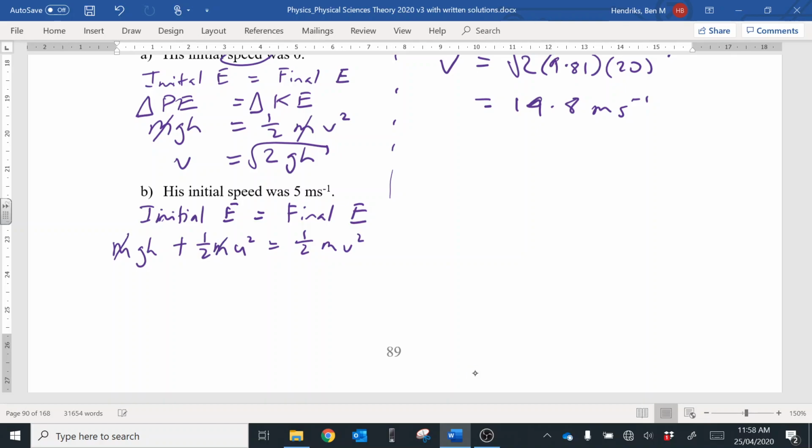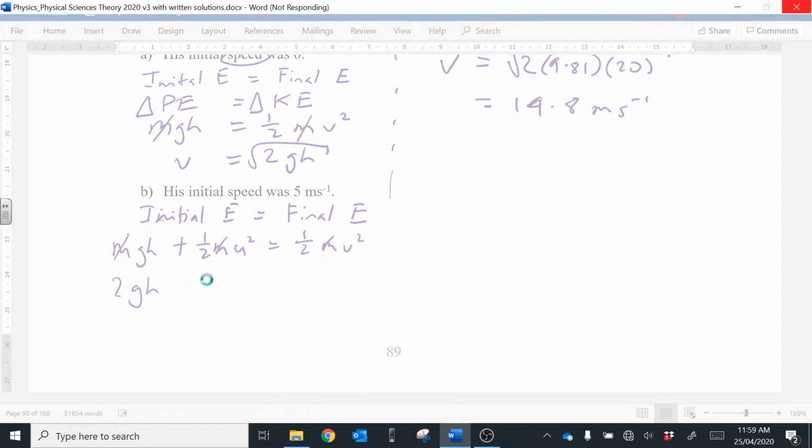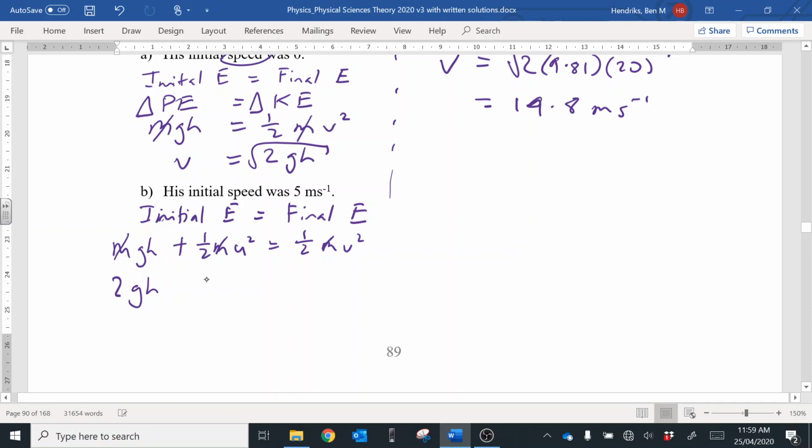Again, all these masses cancel out, and then we can times both sides by 2, so we get 2gh plus u squared equals v squared.